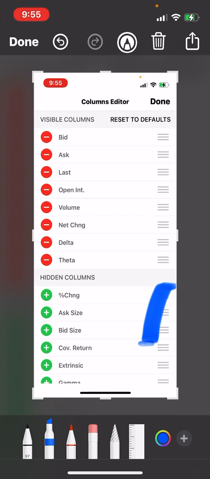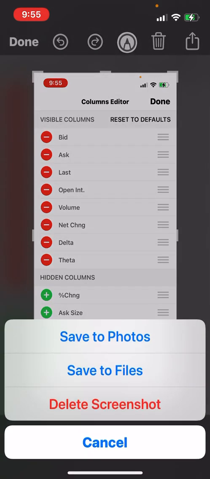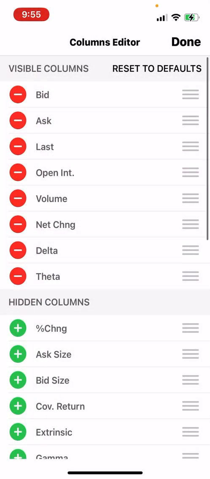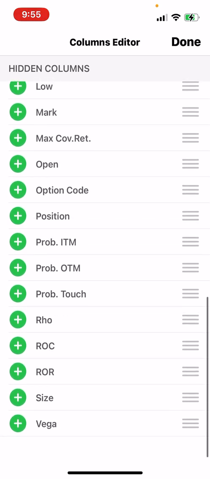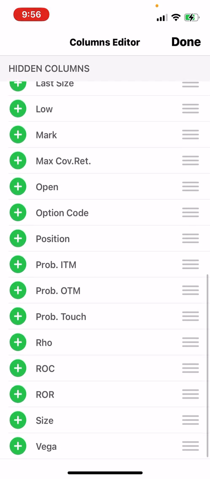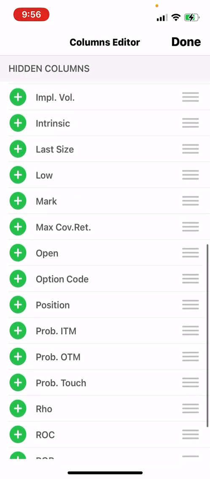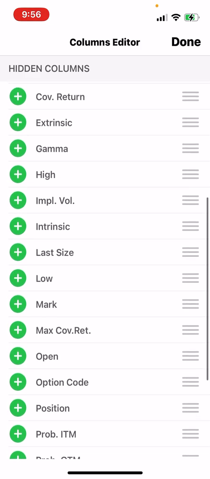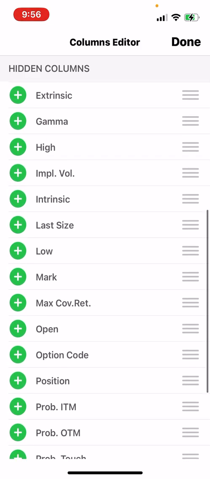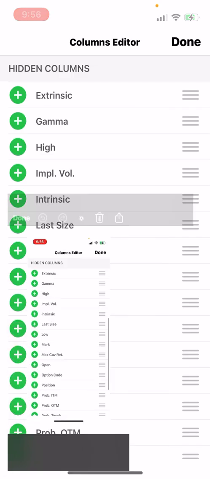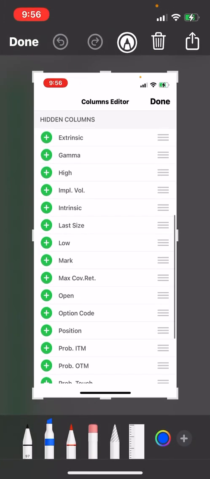There's two components that I just showed you, theta and delta, which I really focus on.